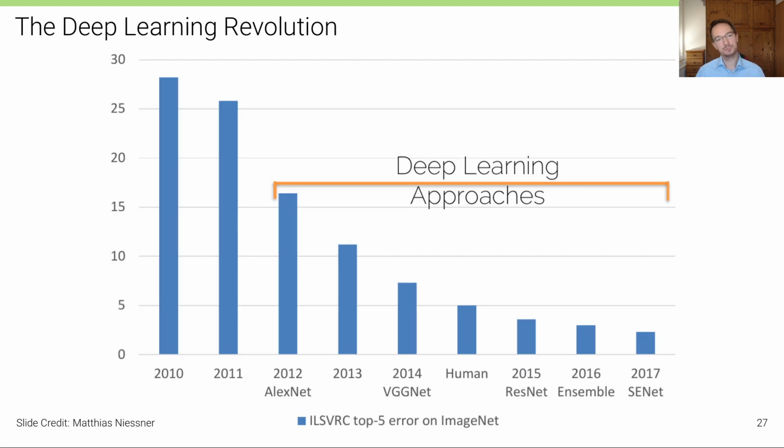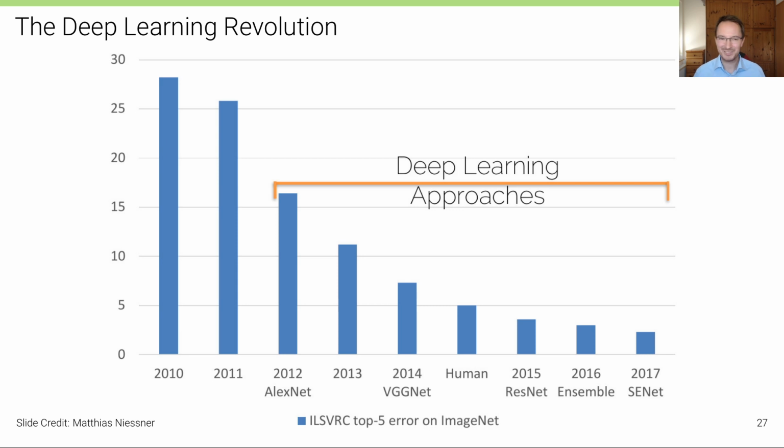The progress in this problem had somewhat stalled until 2010, until it was shown for the first time that deep learning can significantly improve on the performance on this problem. And by 2015, we have surpassed human performance on this particular problem.